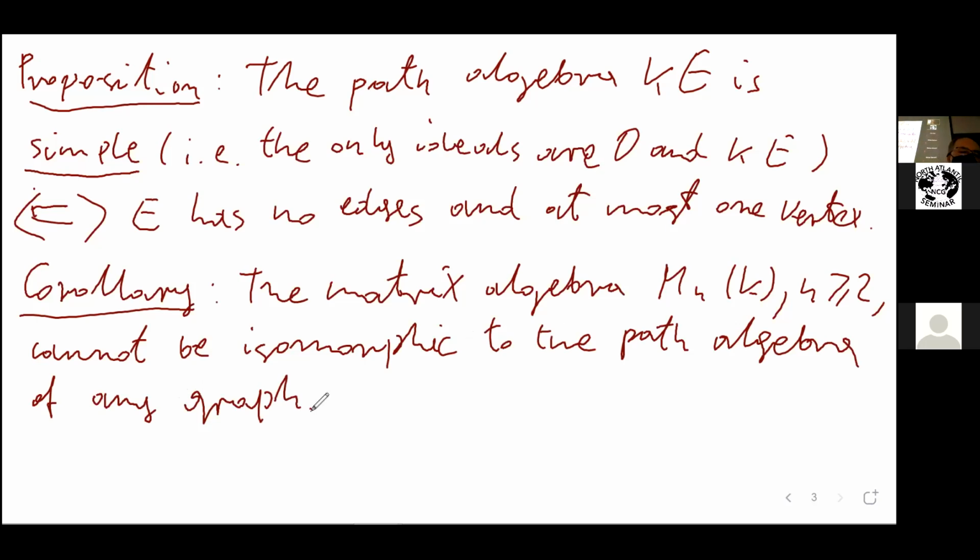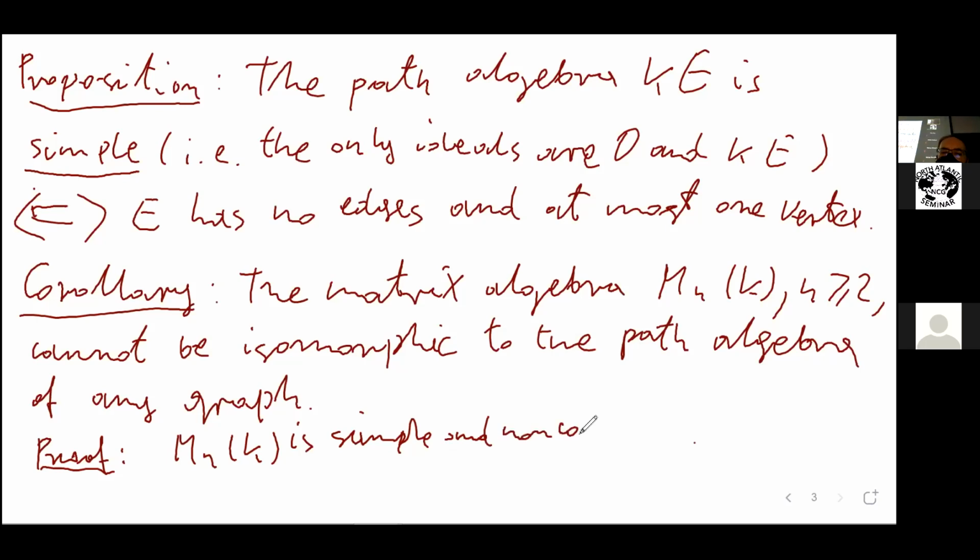Well, the proof is immediate because M_n(K) is simple. This will be an exercise. It's a beautiful exercise, okay? It has no proper ideals. It's simple and non-commutative. And KE non-commutative is never simple.